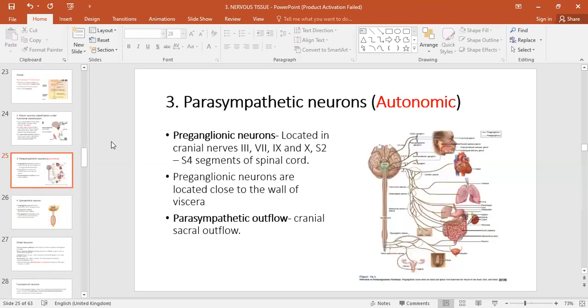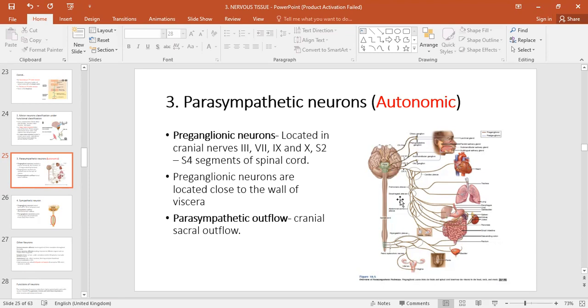At this stage, I just want us to know that parasympathetic neurons have specific points of the nervous system where they originate from. All parasympathetic neurons originate, number one, from the brain. These are nerves we call cranial nerves. We have cranial nerve number 1 up to cranial nerve number 12. Those belong to the parasympathetic.